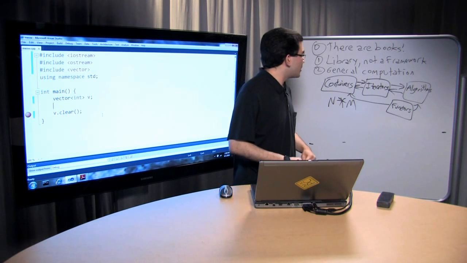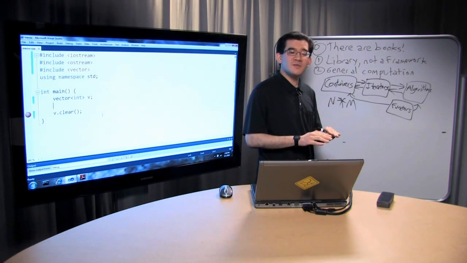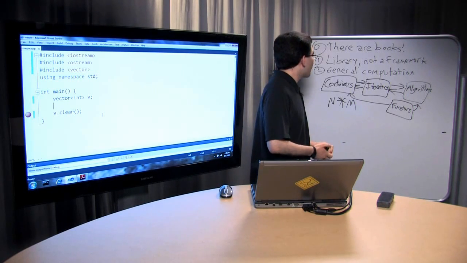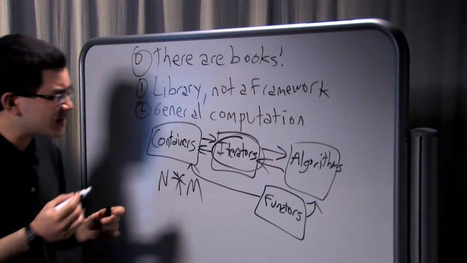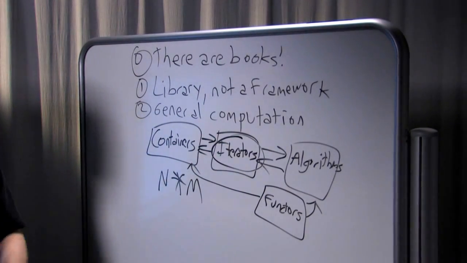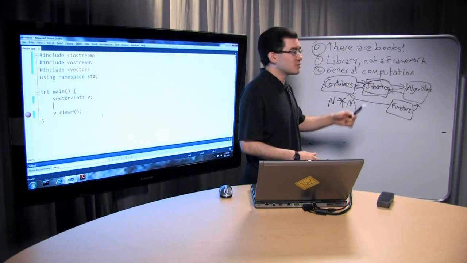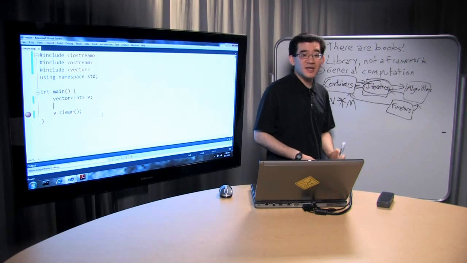So what Alexander Stepanov did when he developed the STL is said, I can actually break this out and prevent these components from knowing so much about each other. So that's why there are these iterators here. Containers return iterators, which are ways to talk about the individual elements of a container. Containers don't directly talk to algorithms. Instead, algorithms operate on the iterators of a container.